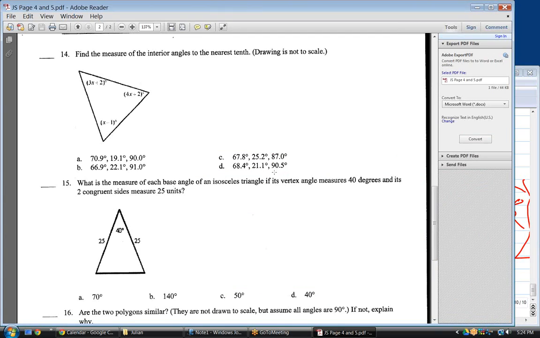And that must be 4x plus 2. Okay, it looked like minus on my screen. So 4x plus 2 would be 90.5, not 90.4.